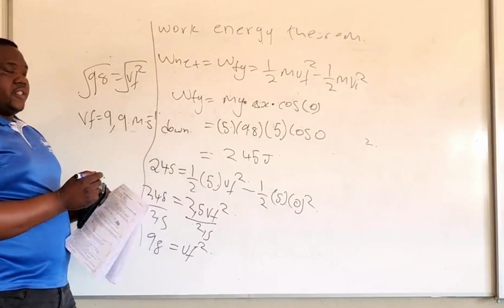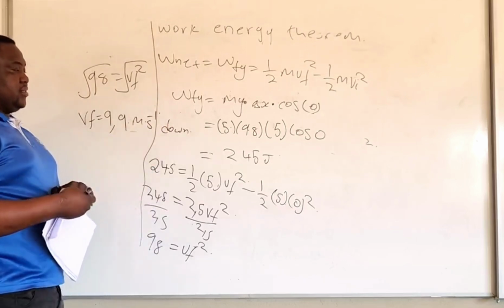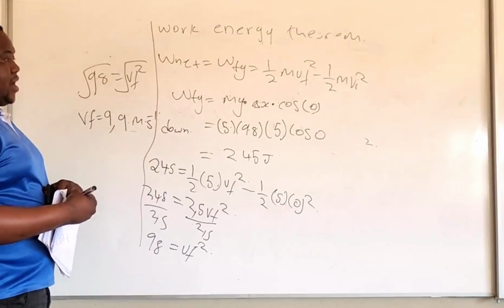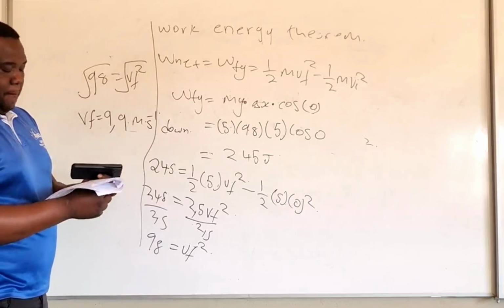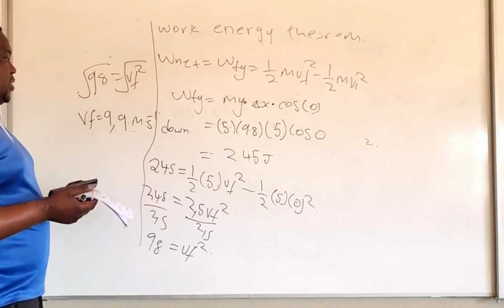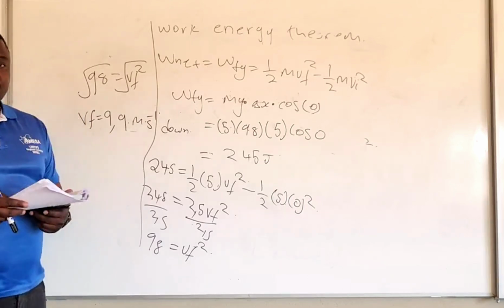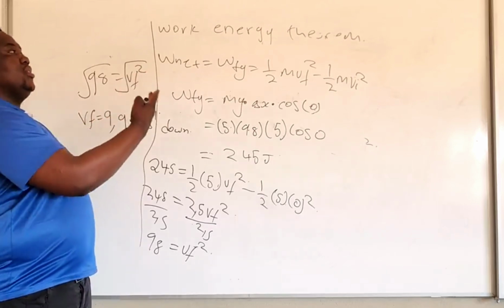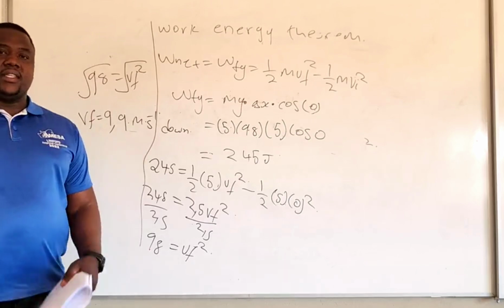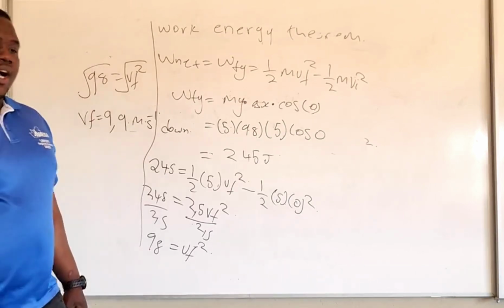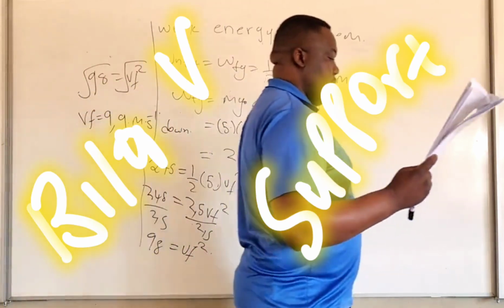Can you see that? So our velocity at point P is equal to 9,9 meters per second. We've used the work energy theorem to get that. I hope you understood.